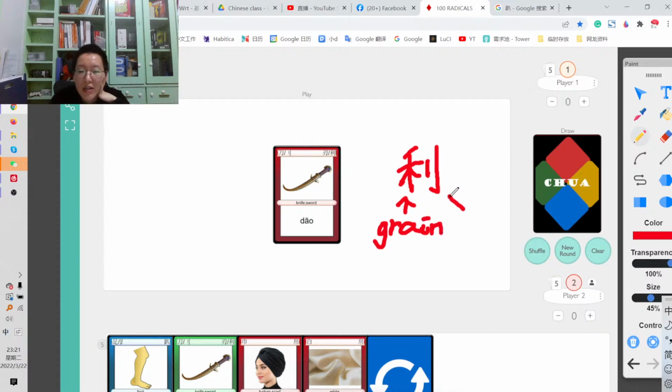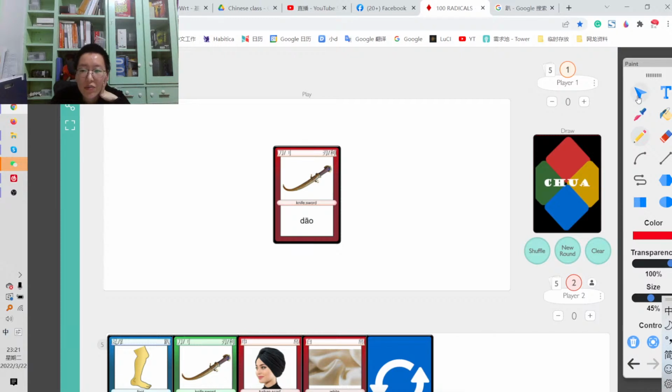And the right part is knife, right? When they get together, that means sharp, because the knife is used to cut the grain. We call it 利, sharp.